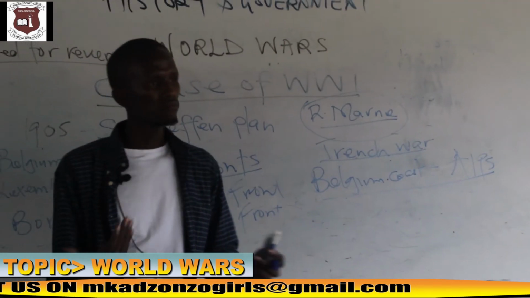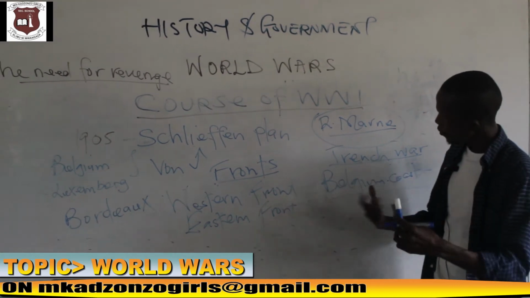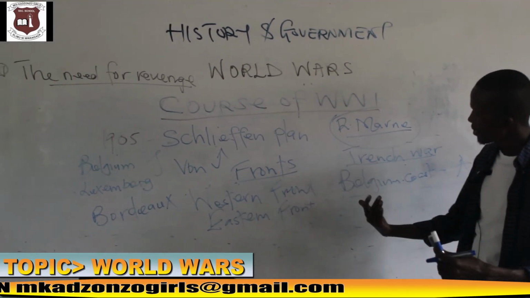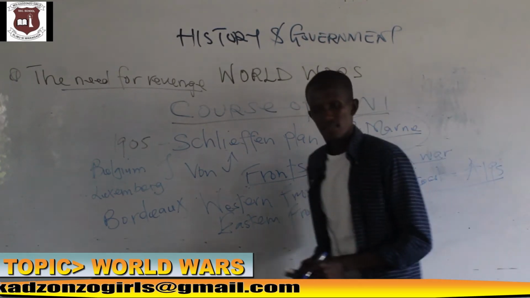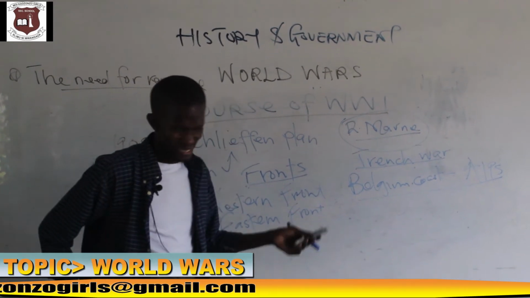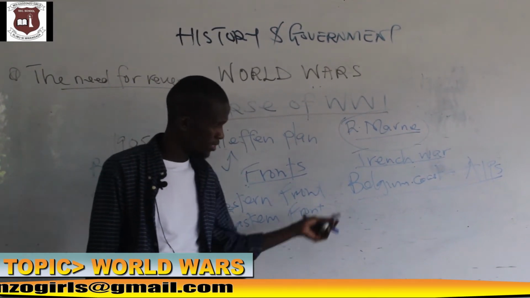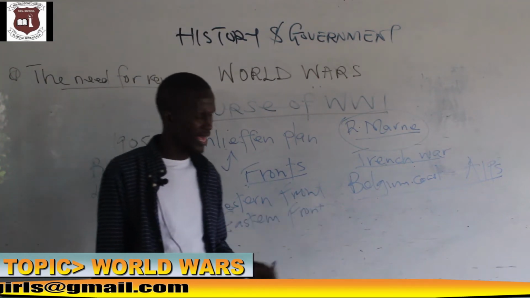So during the trench war, these warring nations devised new weapons of fighting. For instance, Germans used poisonous gas in 1915. They also used aeroplanes to bomb the camps of the enemies.